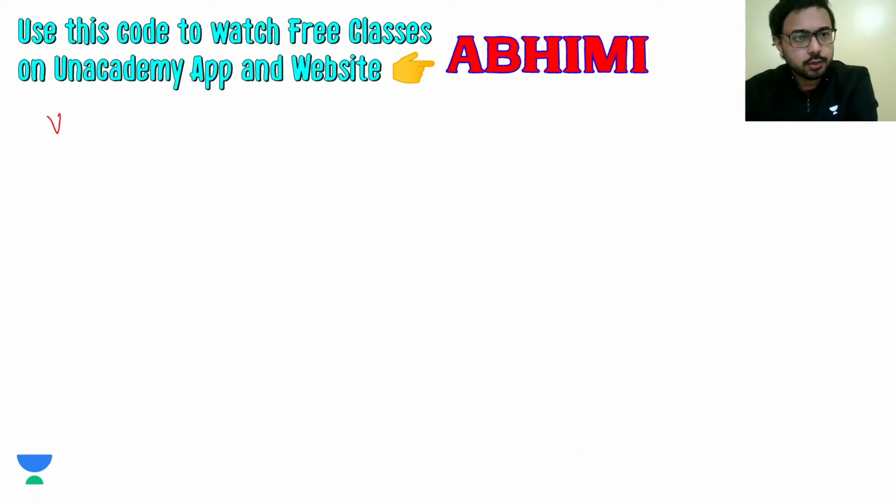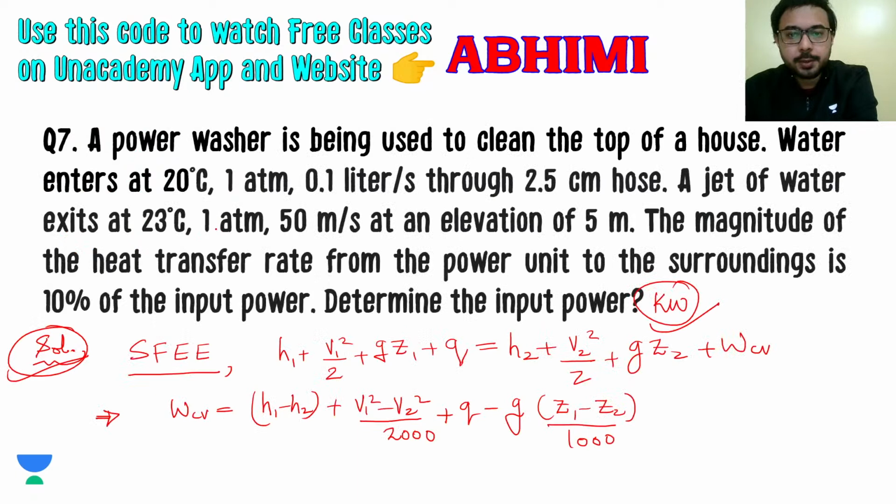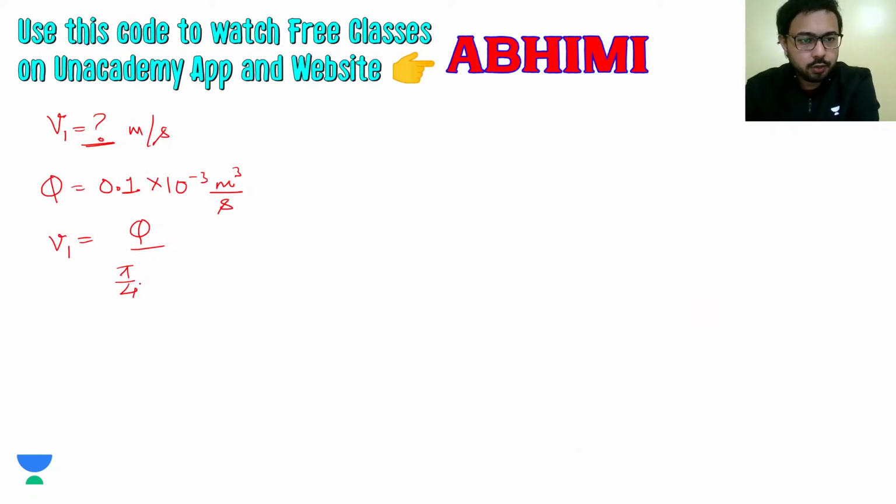So V1, that is velocity 1, is to be found in meter per second, and we know that Q is 0.1 liter per second, so 0.1 times 10 to the power minus 3 meter cube per second, and if we divide it by the area, then we can get the velocity 1. So Q divided by the area, which we calculate as pi by 4 times 0.025 square.